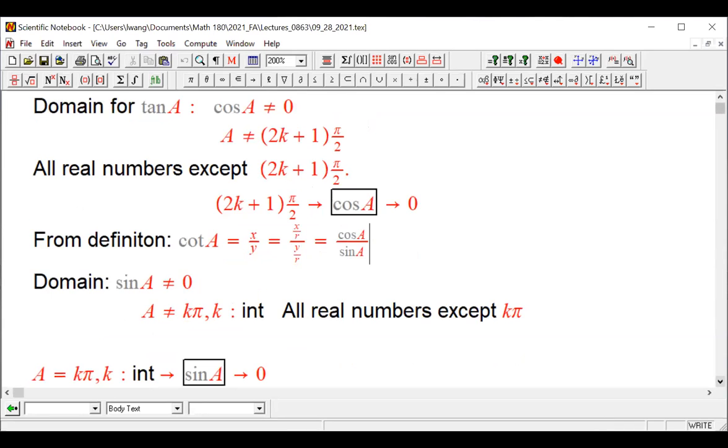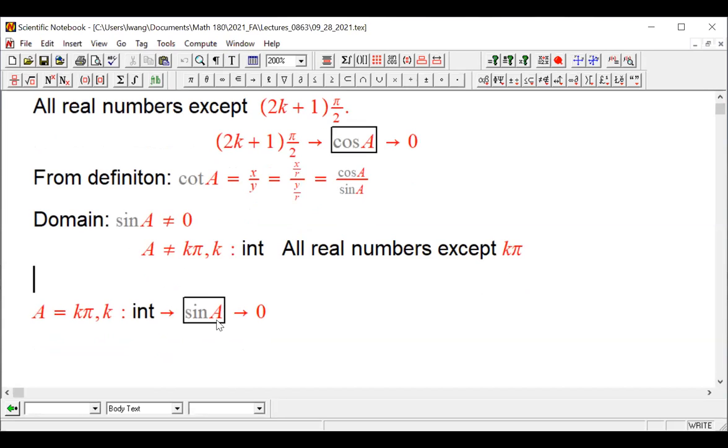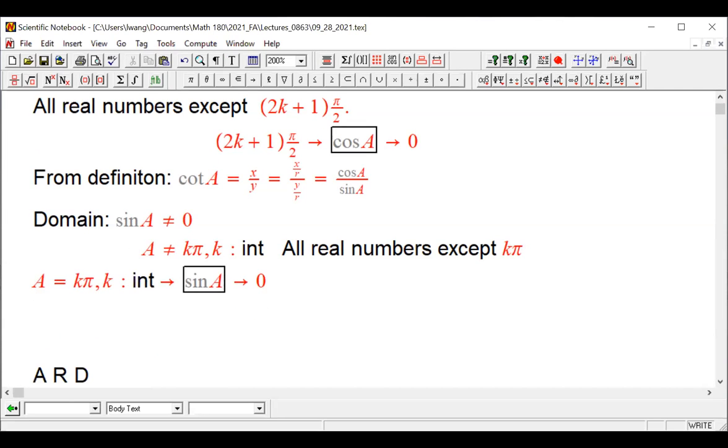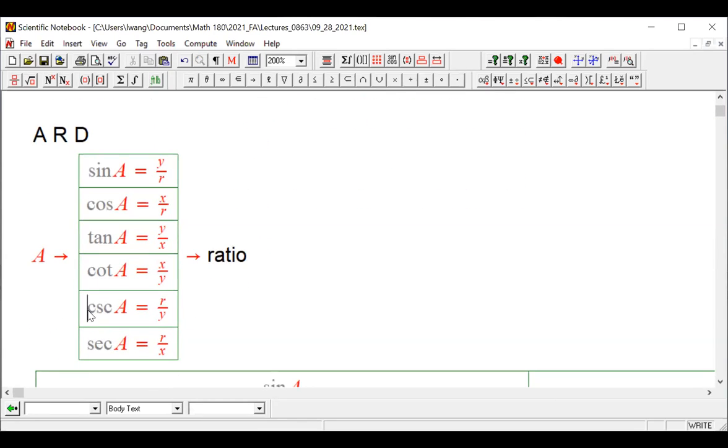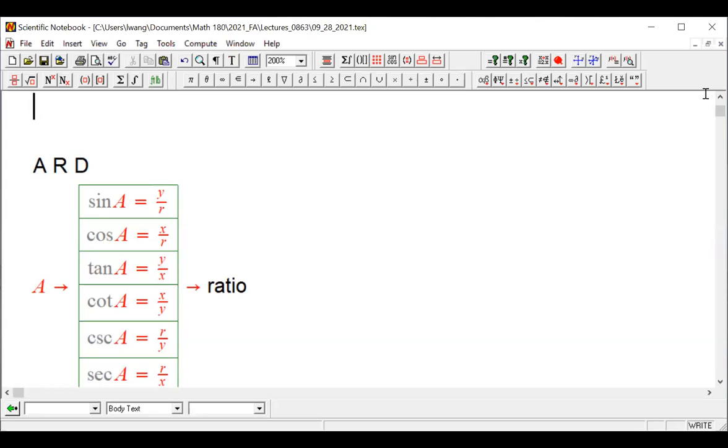Let's keep on going. So from the definition, what else can we dig out? Cosecant and secant, what is their relationship with sine and cosine?